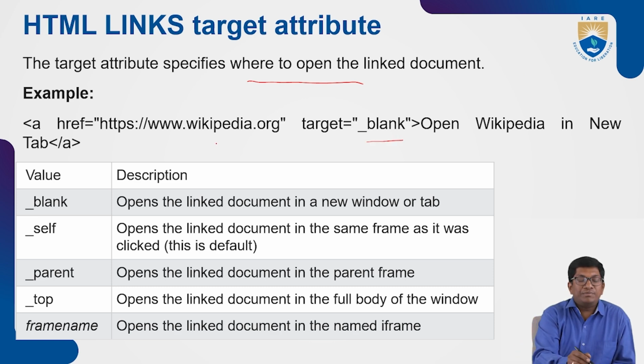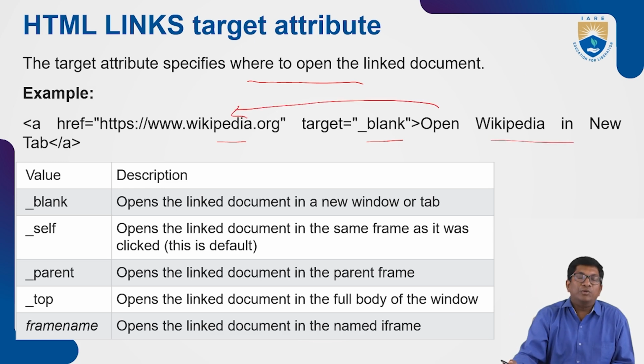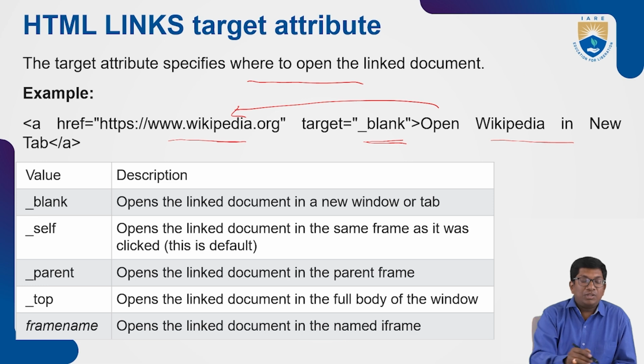Whatever URL you specify, if you click on this text, it will open this web page in a separate new window. That is, a blank window opens, and that URL path opens that web page in that blank page. In that blank page, it will render and display that web page. So that is underscore blank.